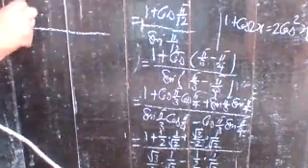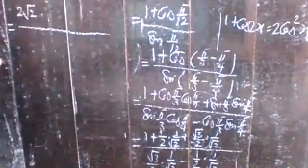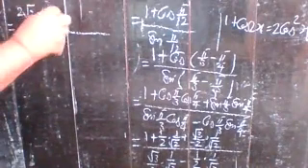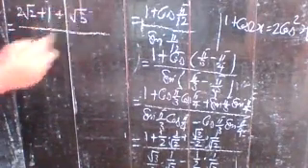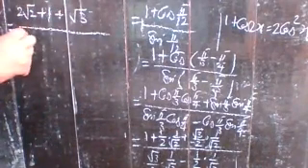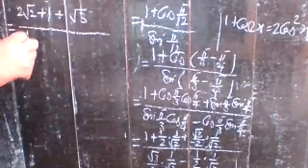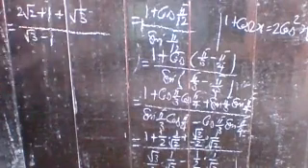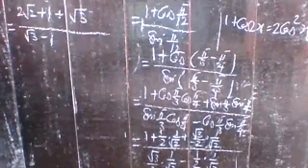So you can write 2 root 2 plus 1 plus root 3 upon root 3 minus 1.